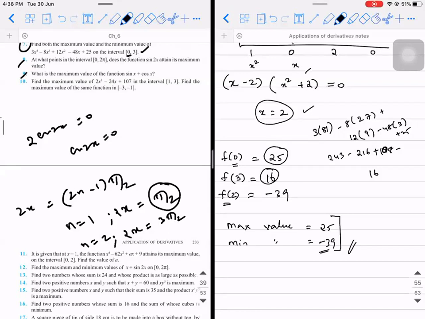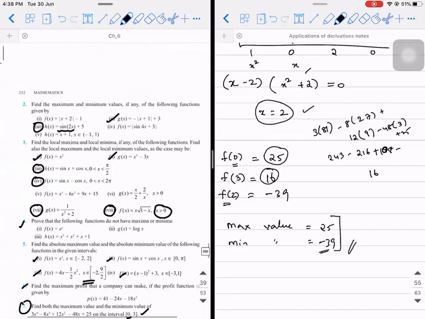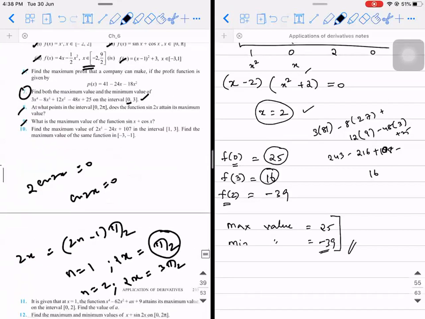Okay. So what is the maximum value of the function sin x plus cos x? Using the shortcut, can you tell me the answer? It is the ninth one. What is the maximum value of the function sin x plus cos x?